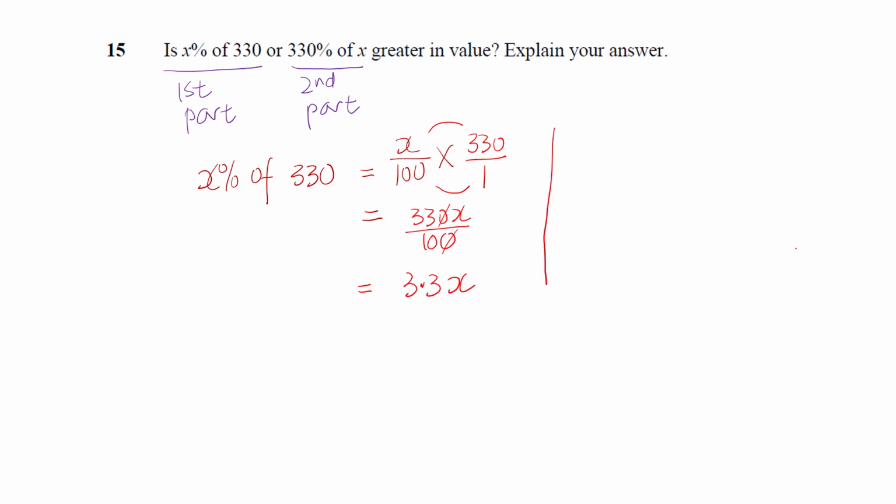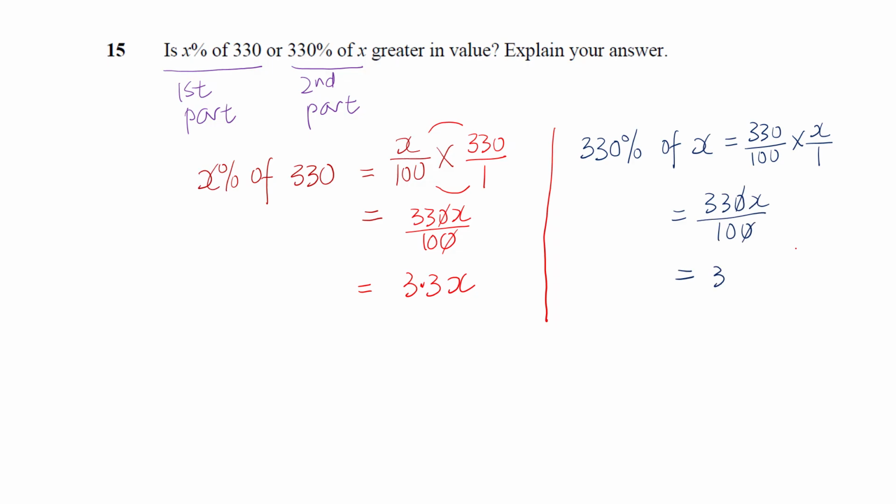Okay, let's do the other one. The second part is 330% of x. That will be 330 divided by 100 times x. x as a fraction is x over 1. So that gives us 330x over 100, and that gives us 3.3x.